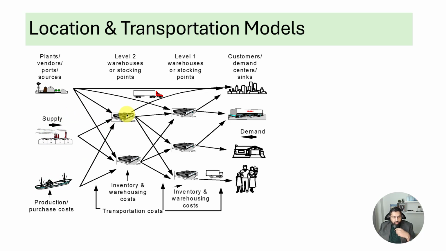That supply goes into some large distribution centers who then feed regional warehouses which are close to the customer, who then feed either the customer directly or feed retail stores. So you have a multi-echelon or multi-tiered logistics network.